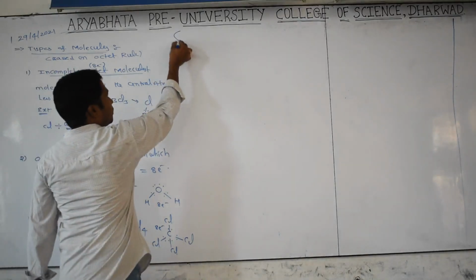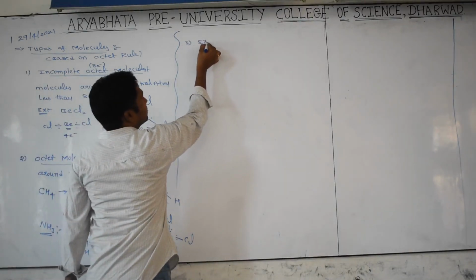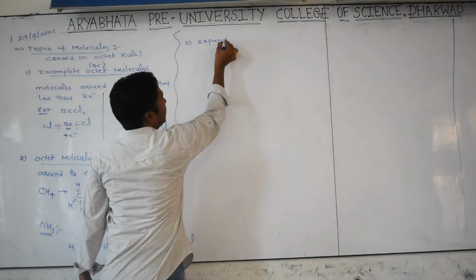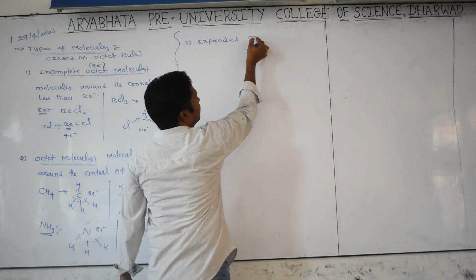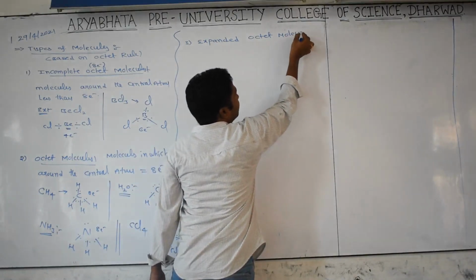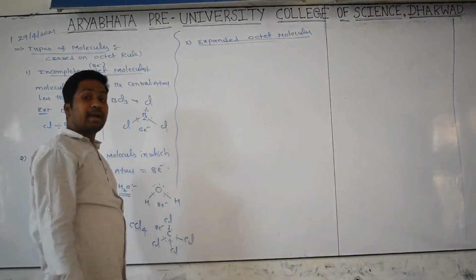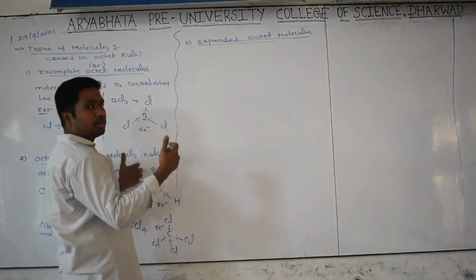Now we are going to the third category, expanded octet molecules. I think you may get the definition from the word itself. Expanded means more than.